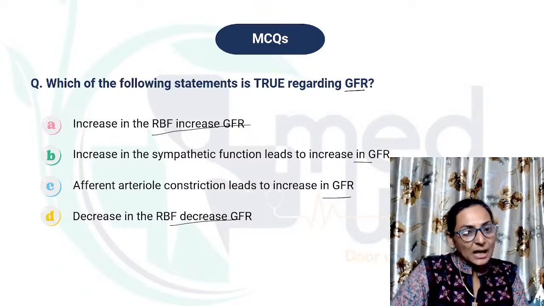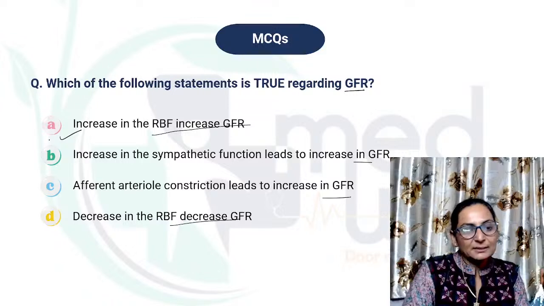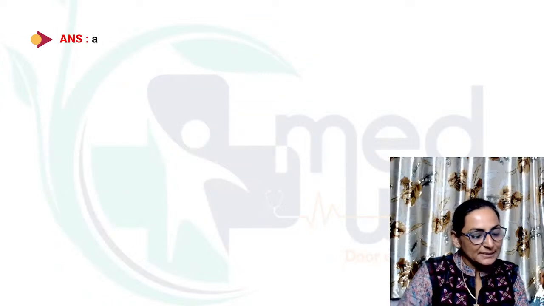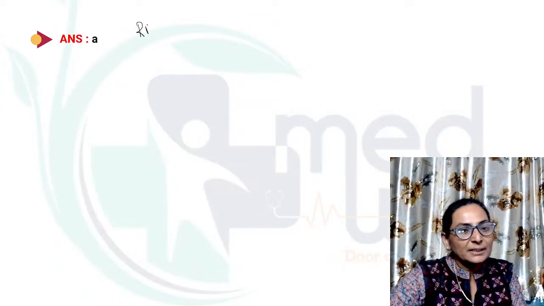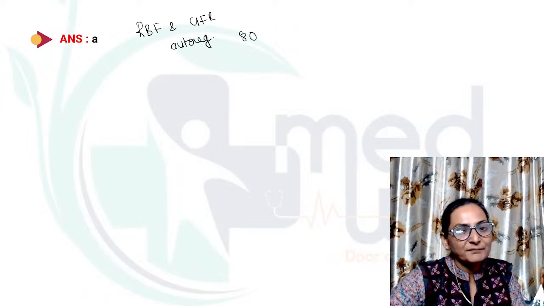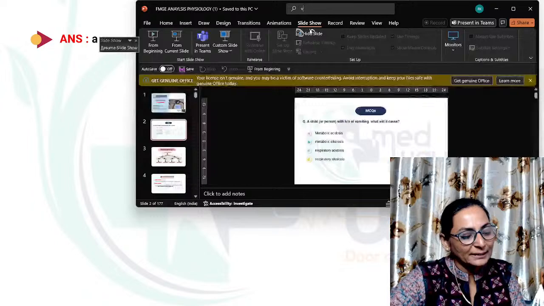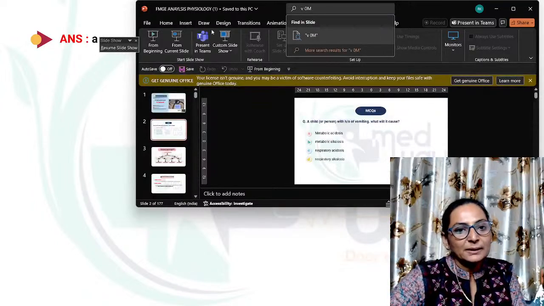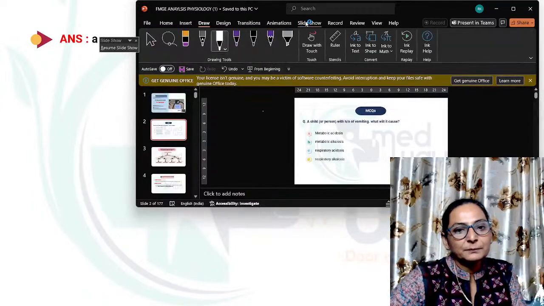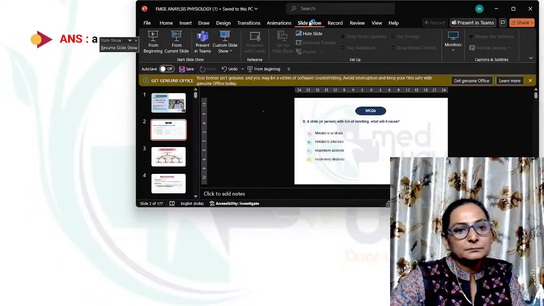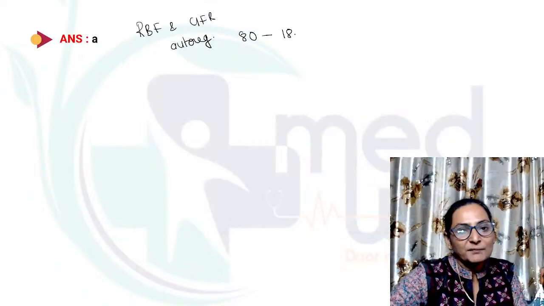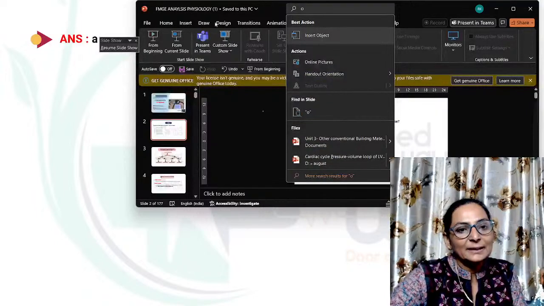So the best answer is, with increase in the renal blood flow, there is increase in the GFR. The renal blood flow and the GFR, both of them show autoregulation in the range of 80 to 180 mmHg.